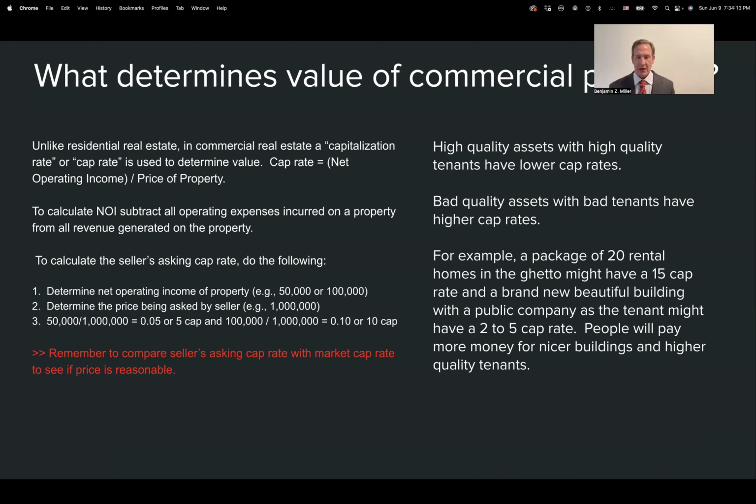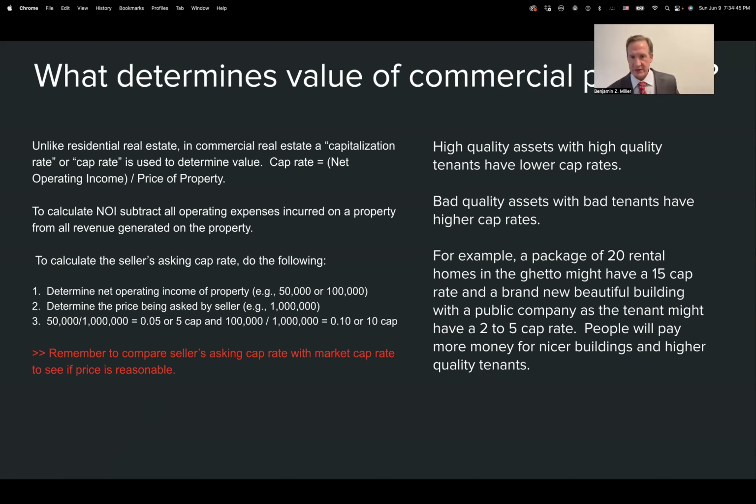That's what it's called. And then let's say that same property produced 100,000 in net operating income, and it also cost $1 million. In that example, 100,000 divided by 1 million would be a 10 cap, a 0.10 rate.